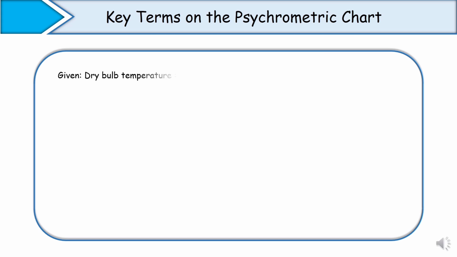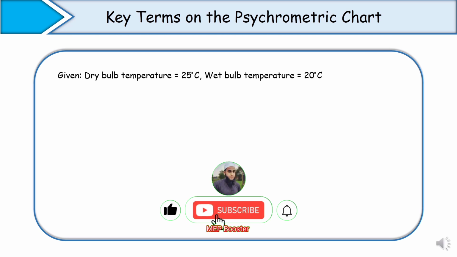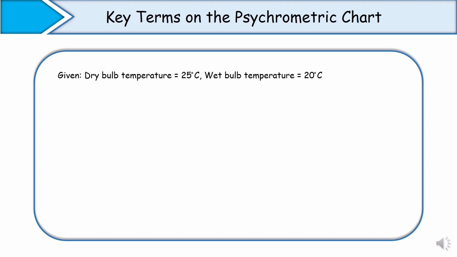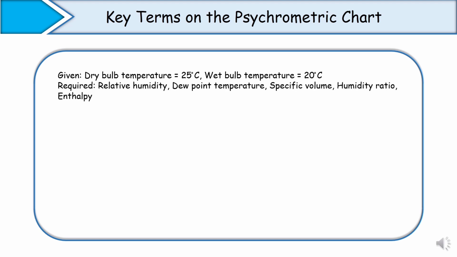Now we'll take one question so you will get the idea. Suppose the dry bulb temperature is given as 25 degrees Celsius, and the wet bulb temperature is 20 degrees Celsius. If you know any two properties of air, you can easily calculate all the remaining properties by using the psychrometric chart.